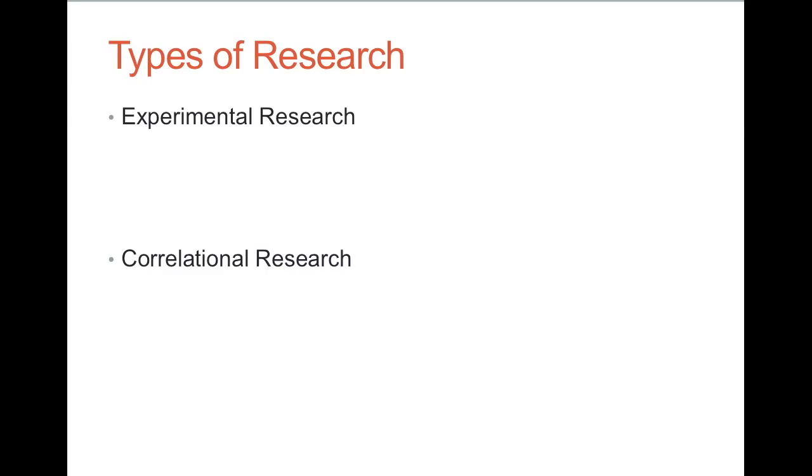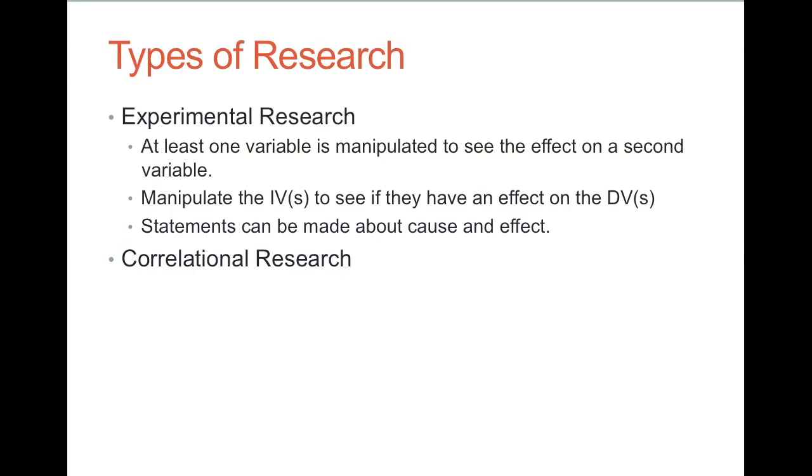So non-experimental is typically going to be like correlational research. In experimental research, there is at least one variable that is manipulated to test and see if there is an effect on the second. In experimental research, statements can sometimes be made about cause and effect as well, because you're controlling what is going on.